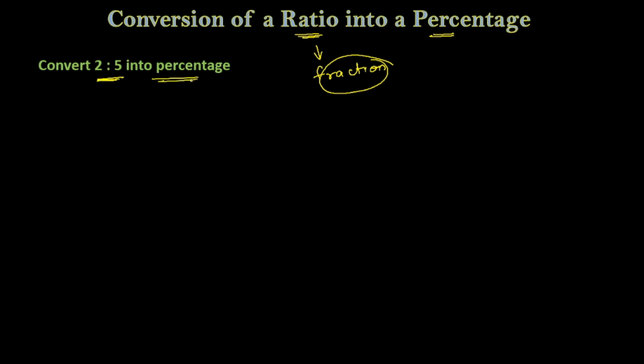Firstly, convert this ratio into a fraction. Simply write it as 2 by 5. Now you have to multiply this by 100. 5 ones are 5, 5 twos are 10. So you will get 20. Now simply multiply 2 and 20. You will get 40%.